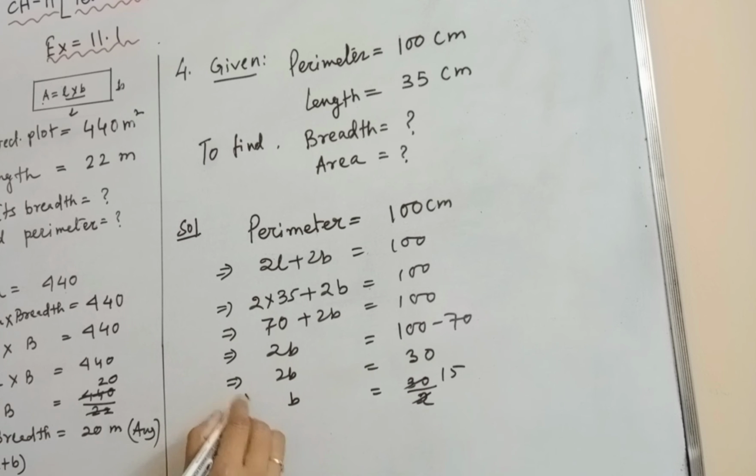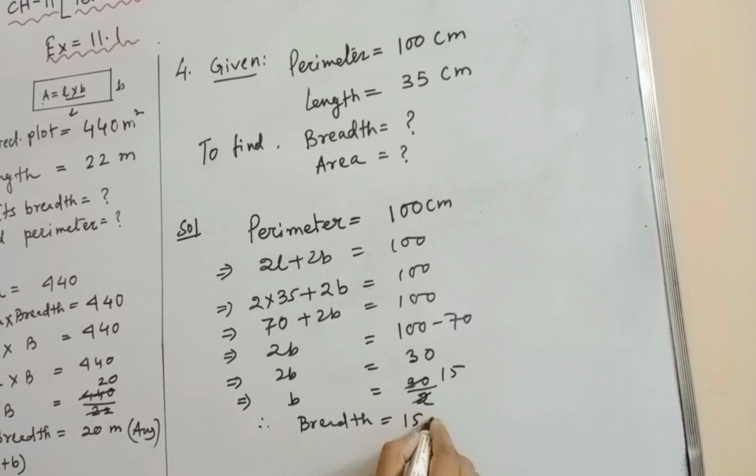Therefore breadth of the rectangle is 15 centimeter. Now using this breadth and this length, find the area.